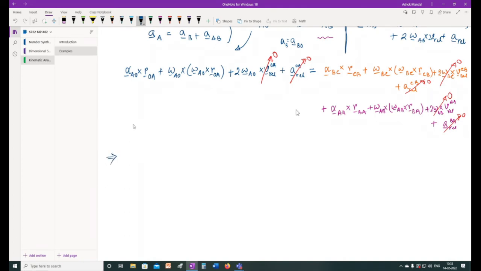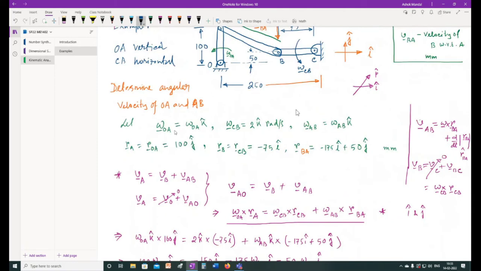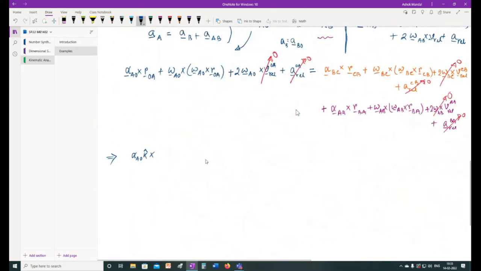So let us write down what is alpha AO. Is it known to us? If it is not known, then let us write down its magnitude and say its direction is K. Then what is ROA, which was RA, if you remember? 100J. Plus, what is omega AO?